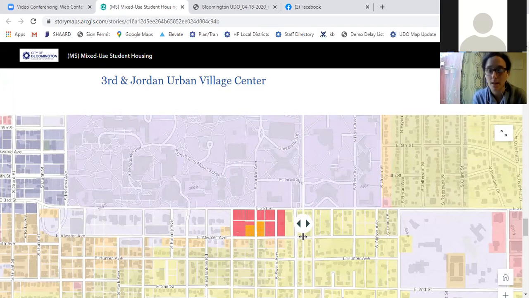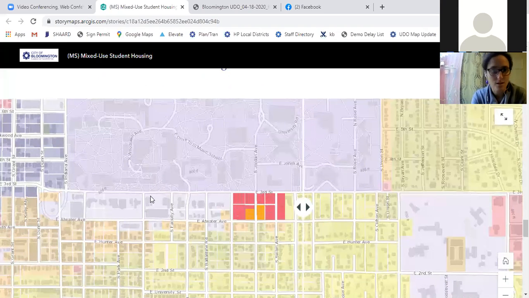For example, in the Gateway North, there is a lot of existing student rental. I mentioned those that are west of College, but there are also a number of developments east of College, and also quite a large percentage of the single family stock there is currently used as rental. That is obviously different here because it is mostly commercial.